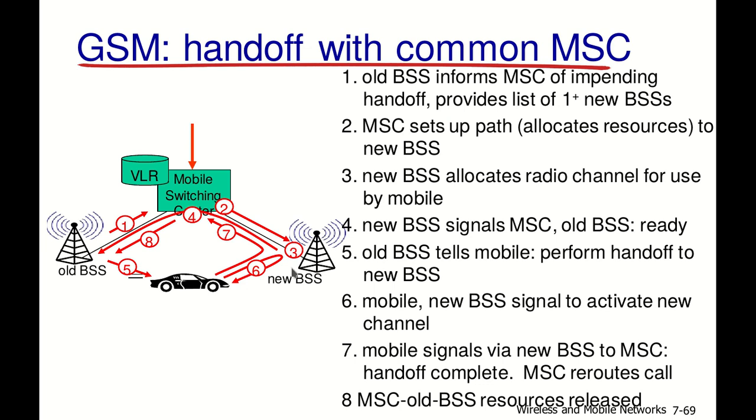Then the new base station will allocate new radio resources, and after the resources are ready, the new base station will inform the MSC and the old base station that the resources are ready, and the old base station will tell the mobile user to perform handoff to the new base station.